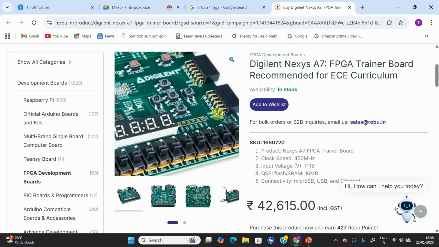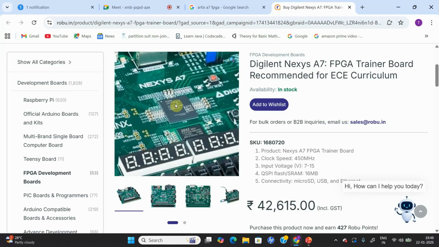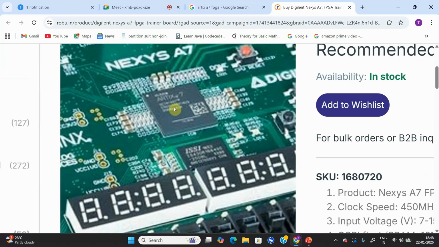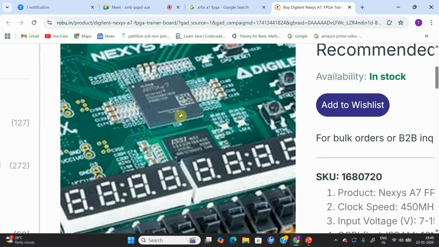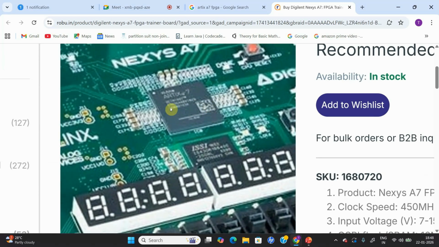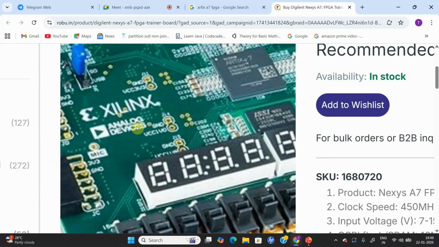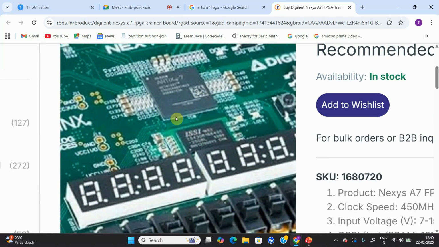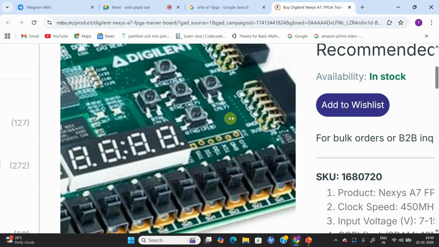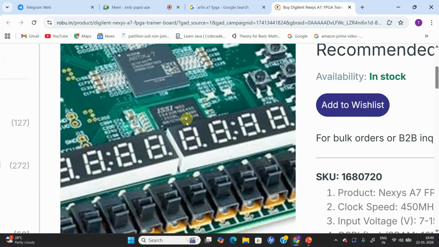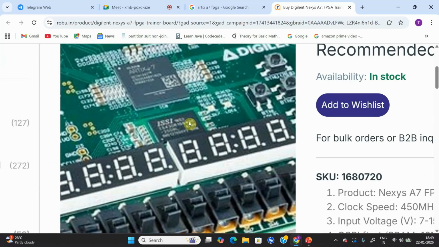Now, this SoC which I am talking about is nothing but my FPGA, the Artix A7. Inside this FPGA only, you are going to have your BRAM. I don't know where exactly your SRAM and flash memory is present because I need to see the configuration schematics of this. So this picture is not clear. Let's say this particular chip is a memory.